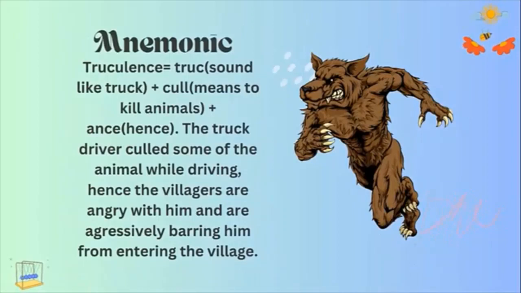Memory aid to help you memorize. Truculence sounds like truck, plus cull, which means to kill animals, plus ants, hence. The truck driver culled some of the animals while driving, hence the villagers are angry with him and are aggressively barring him from entering the village.